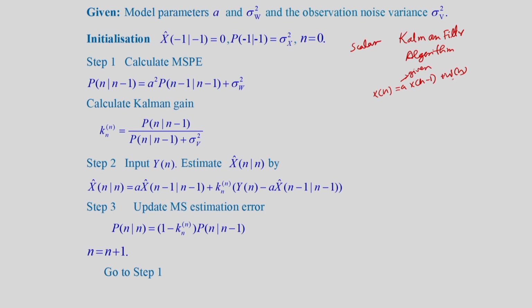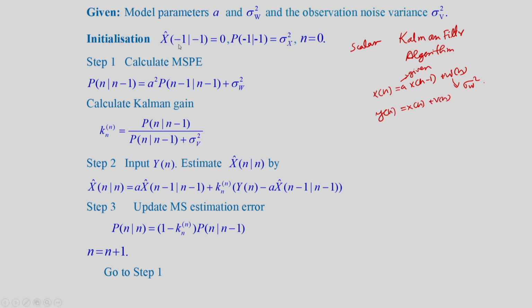Then this noise is a 0 mean white noise and its variance sigma_W squared is also given, and similarly the observation model is y_n = x_n + V_n. So, V_n, that is the observation noise, is 0 mean with variance sigma_V squared. So, these are given. We have to initialize the estimator.